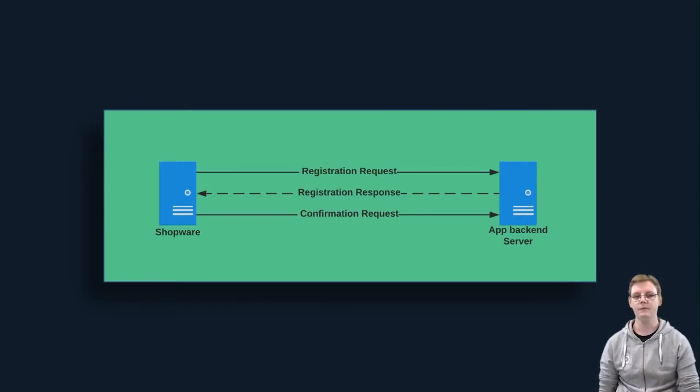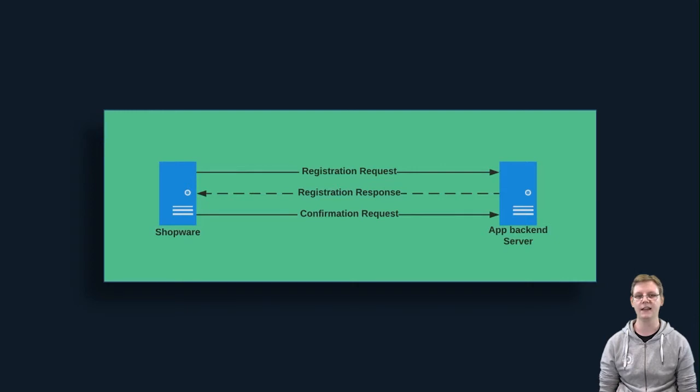So optionally, it is not necessary, but optionally, Shopware talks to the Shopware server and gets the authorization that the shop has the license to use the app. Then, with this signed license, it again requests a registration from the app backend server.